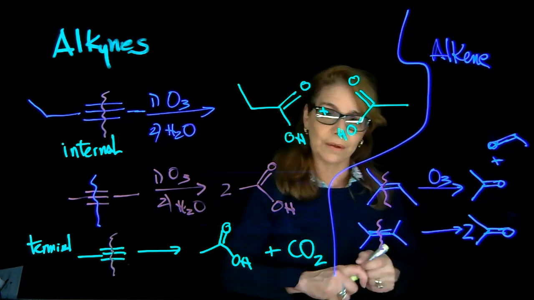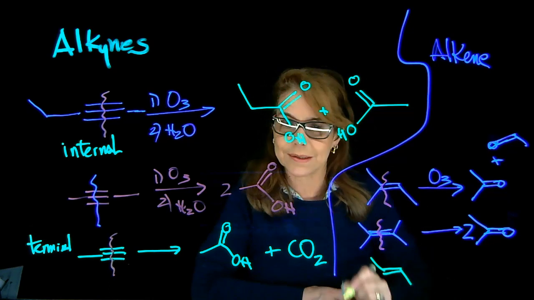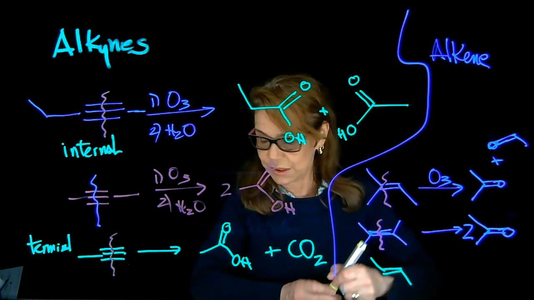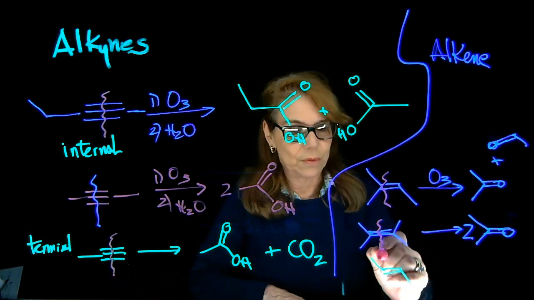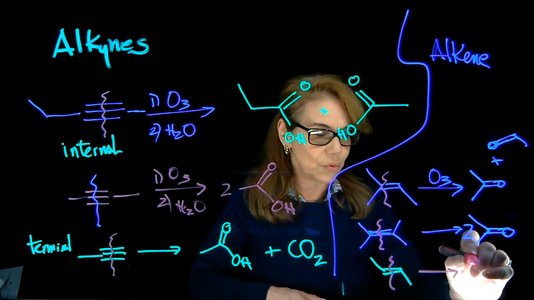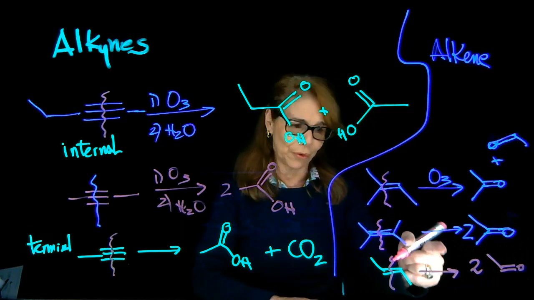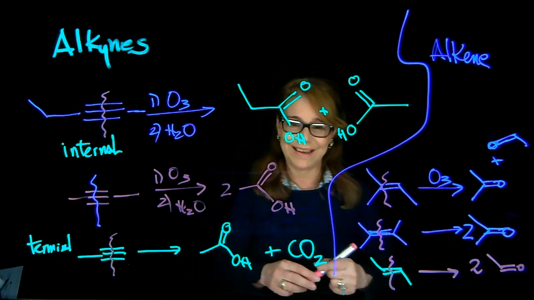Of course, you can get aldehydes, say that you want to, if you have that, and that's trans-2-butene, when you do the ozonolysis of that, you're going to get 2 moles of acetaldehyde. Remember that we have 1 hydrogen there.